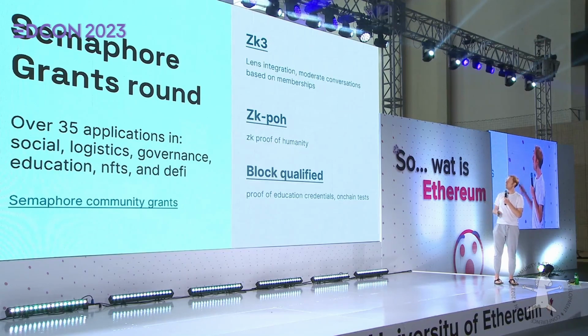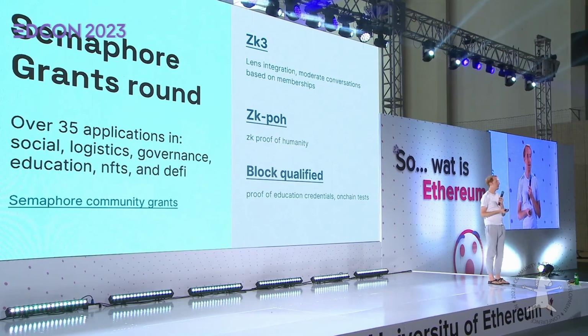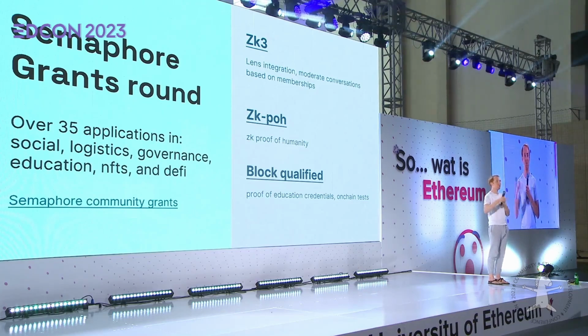So some examples of these: you can use Semaphore to make a proof of individuality system. Imagine that the way that things work at the moment is that if you want to contribute to Gitcoin or something, you need to pass some proof of individuality mechanism or screening, because if you weren't, you would be able to just vote many times, and it kind of breaks the system because you can make as many accounts as you want.